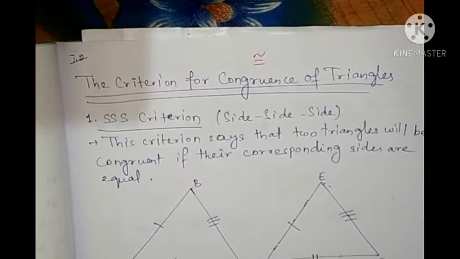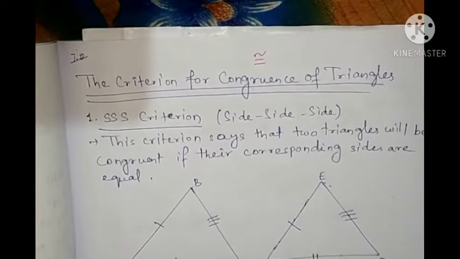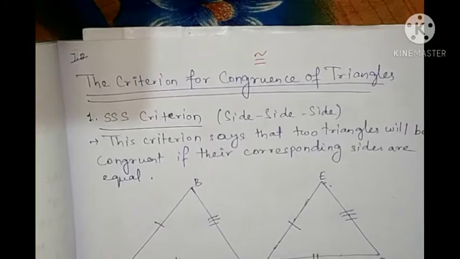Triangles are congruent if their corresponding sides and corresponding angles are equal to each other and corresponding vertices fit on each other. Today we'll see some criteria for congruence of triangles.